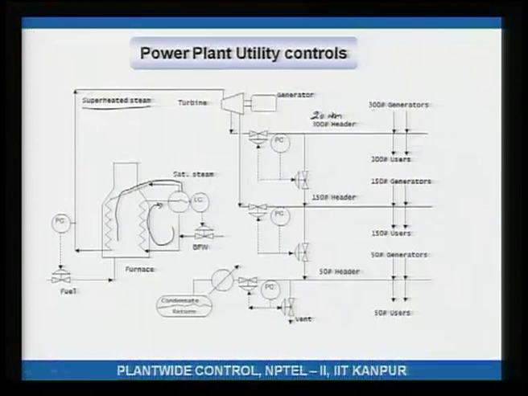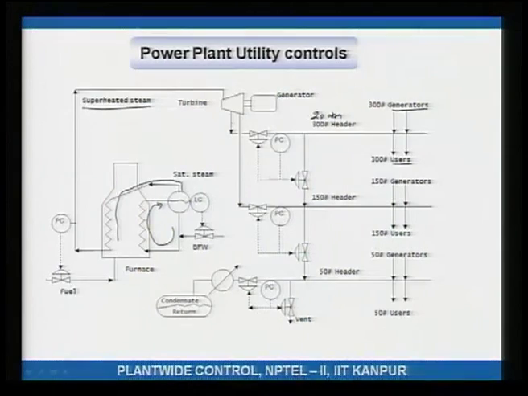There are various plants that are generating high pressure steam, and various plants that are consuming it. So, these are the consumers, these are the generators. The generators are adding their steam to this 300 pound pressure header, and the users are drawing steam from this 300 pound pressure steam header. So, high pressure steam header.